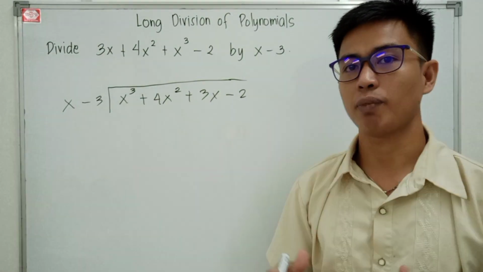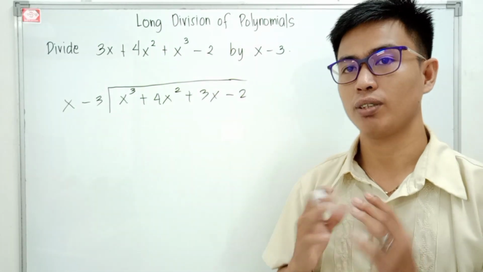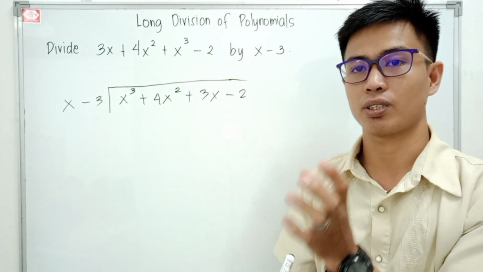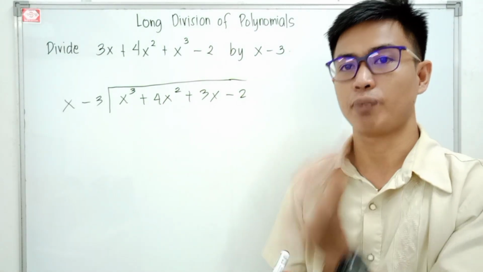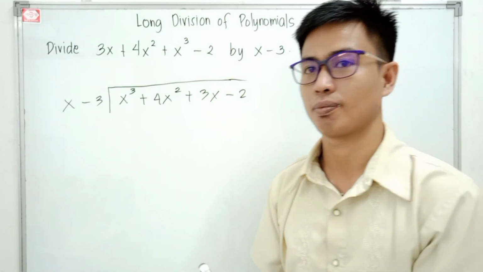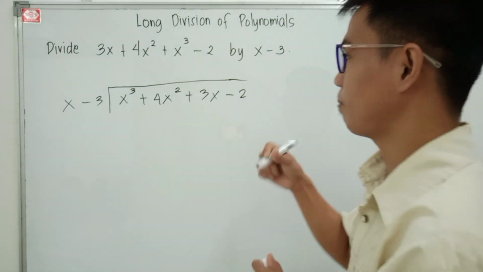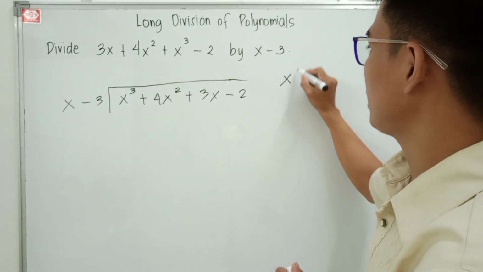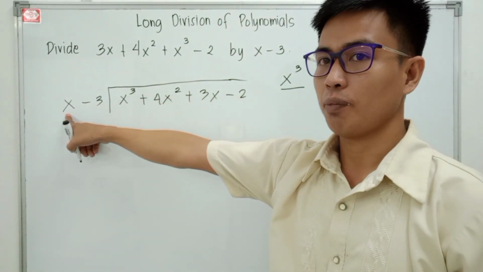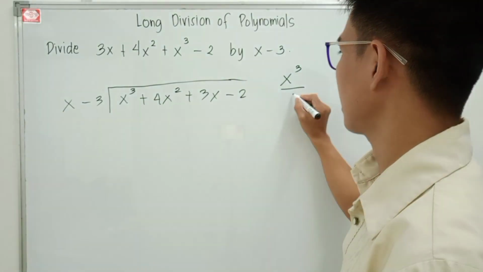If we are dividing a polynomial, ang unang gagawin is to divide the first term of the dividend by the first term of the divisor. Ganito po yung ibig kong sabihin. Divide the first term of the dividend, which is x cubed, by the first term of the divisor, which is x.